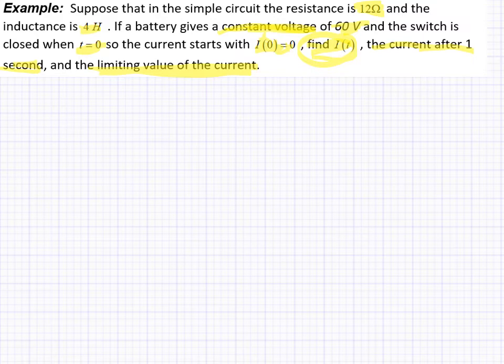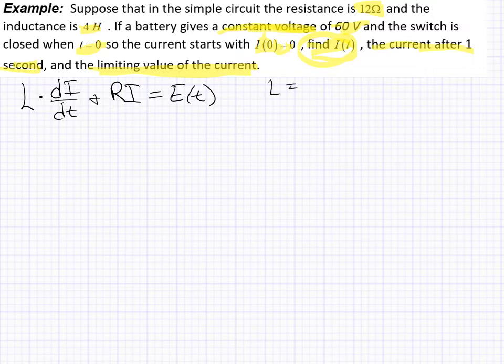So we have this differential equation, L times di dt plus R times I equals E of t. Now, this problem told us that L is 4 henries, that R is 12 ohms, and the voltage E of t is a constant voltage of 60 volts.